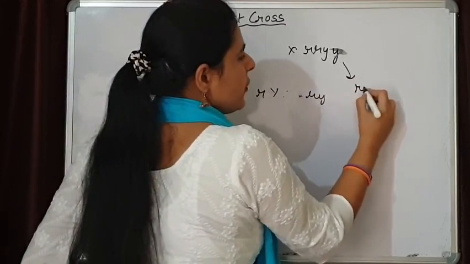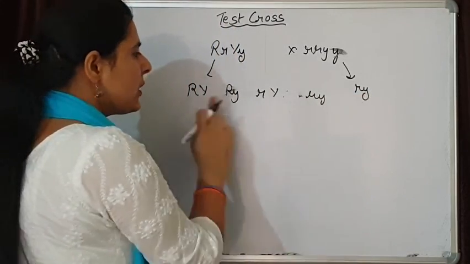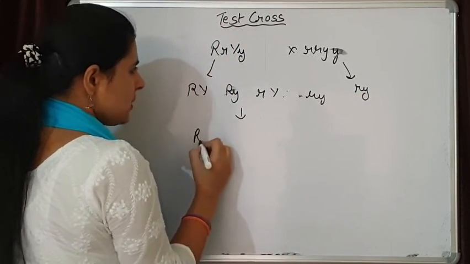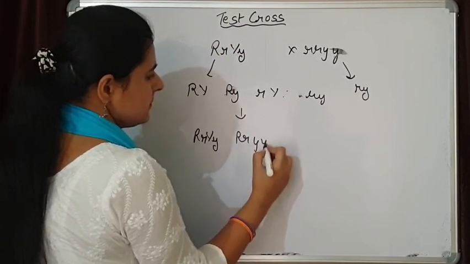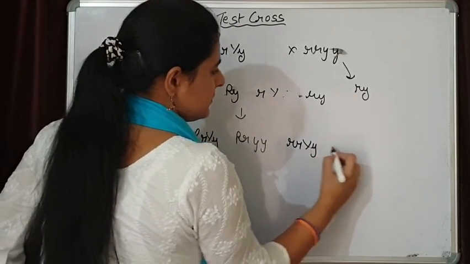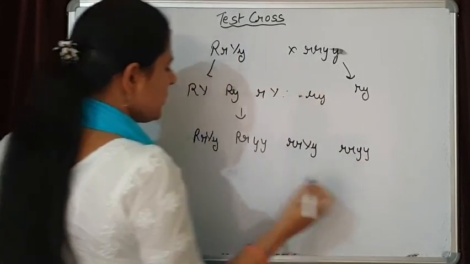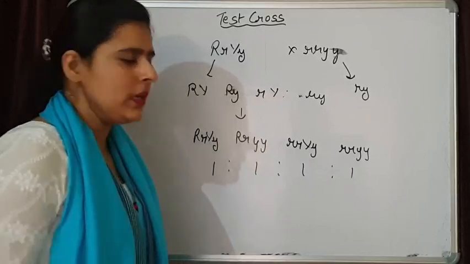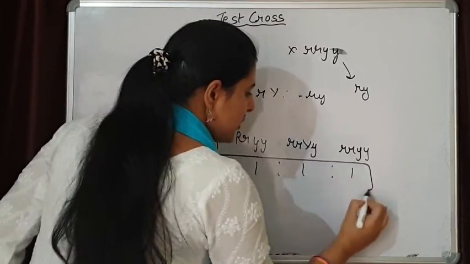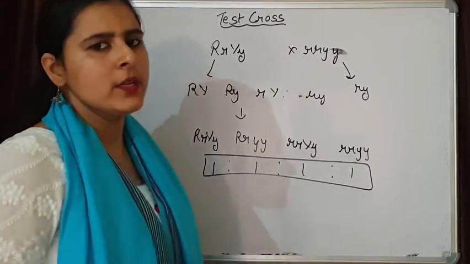All the gametes will be of this type. If we combine them, these are the possible outcomes, means 1:1:1:1. So that is the test cross ratio for a dihybrid cross.